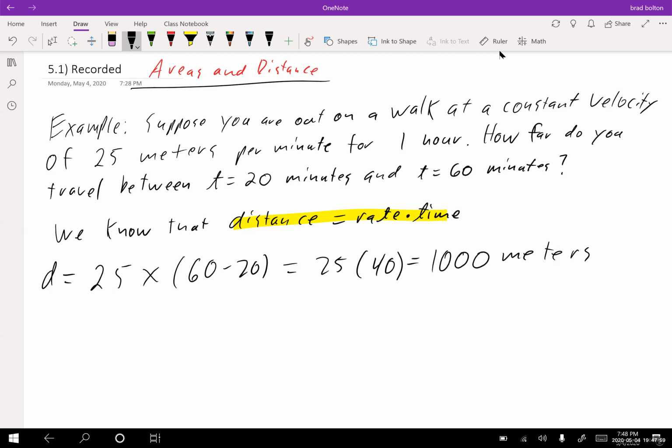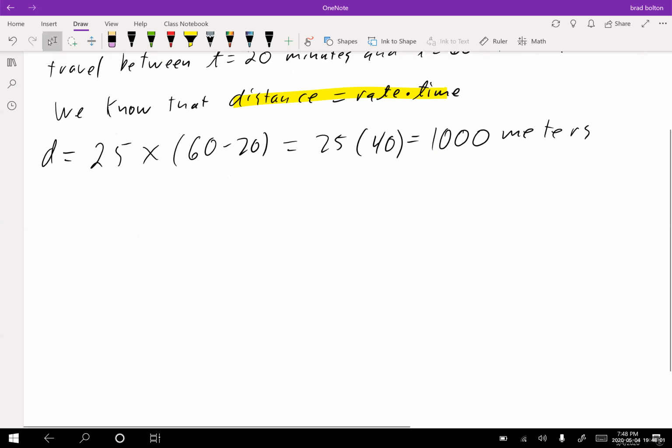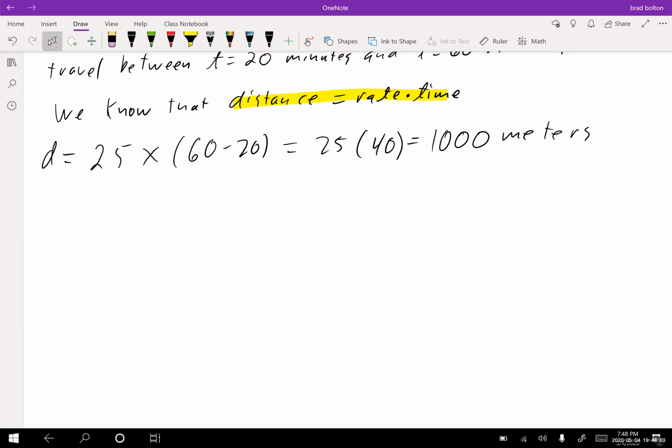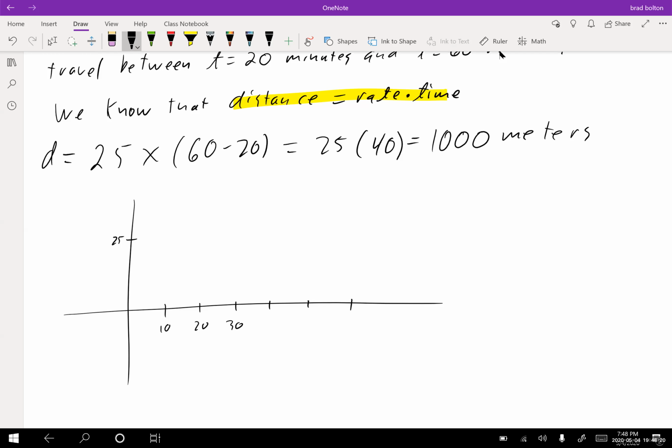Okay, so if we plot this velocity, we can see graphically what's actually happening. So let's say we make our line right here for 25. And then let's do time: 10, 20, 30, 40, 50, 60.